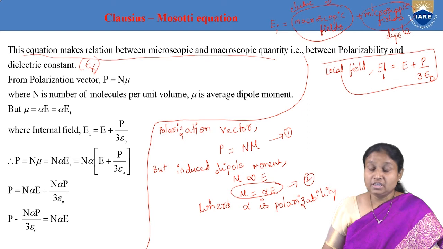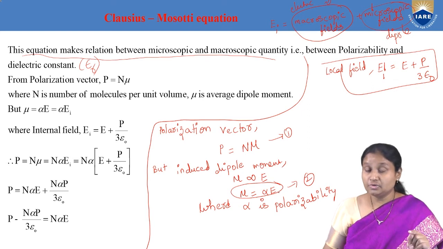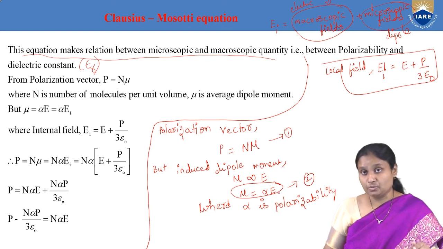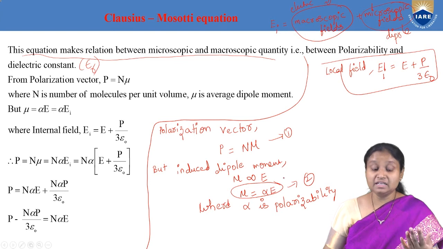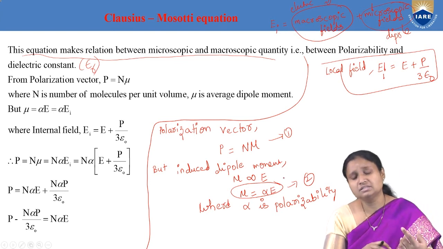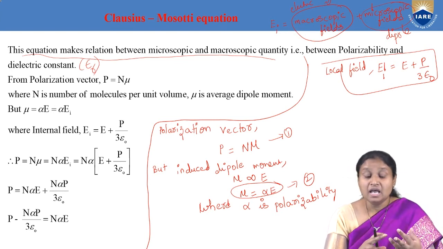In place of E, because we are trying to get a relation between micro and macro, instead of just the electric field, I'll take the internal or local field, because the internal or local field is a combination of macroscopic fields and microscopic fields. Macroscopic fields, as I told you, are because of the external field applied, and in this come the charges developing on the capacitor plates and the induced charges on the plane surfaces of the dielectric.